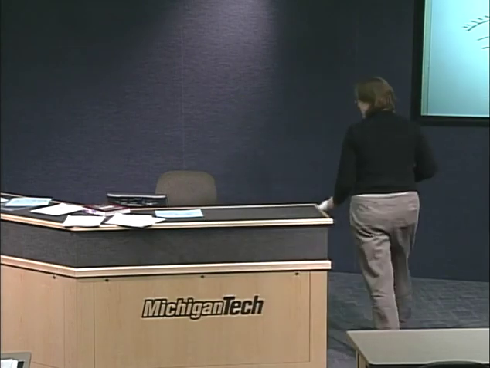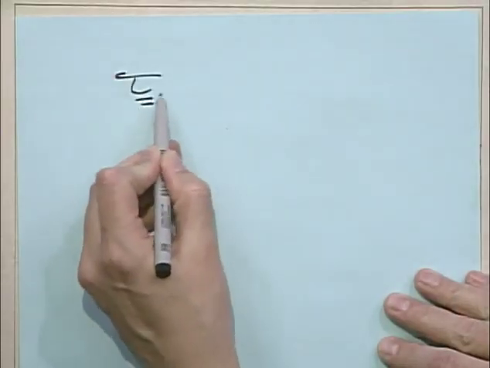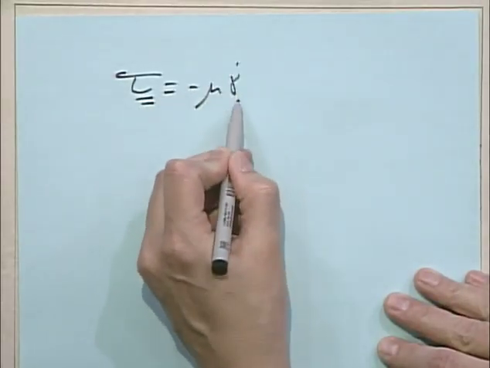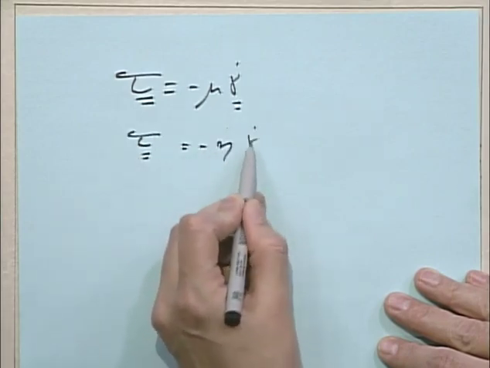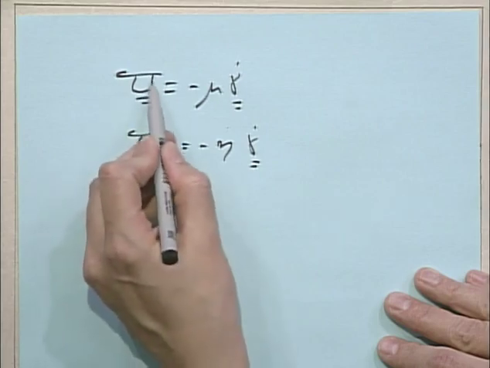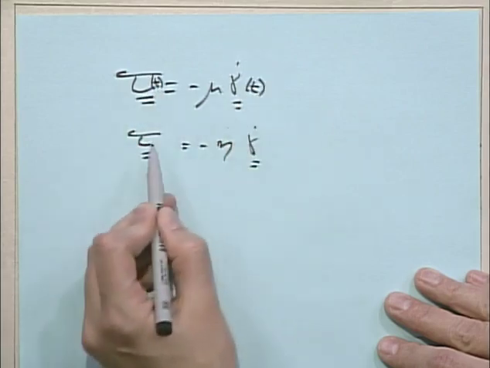I gave you complete credit for saying that it's not a function of time, but it is a function of time, actually. Both the Newtonian and the power law are a function of time, but they're only a function of the current time.